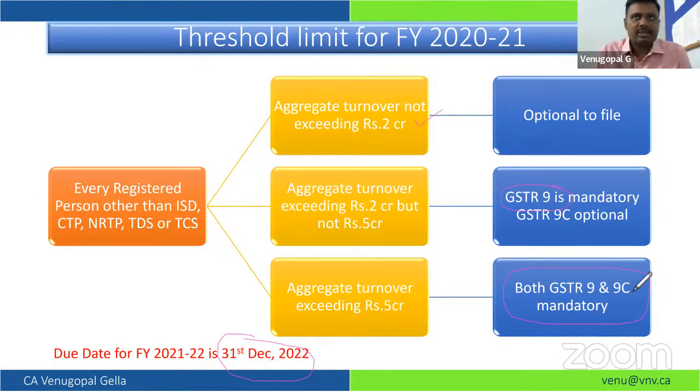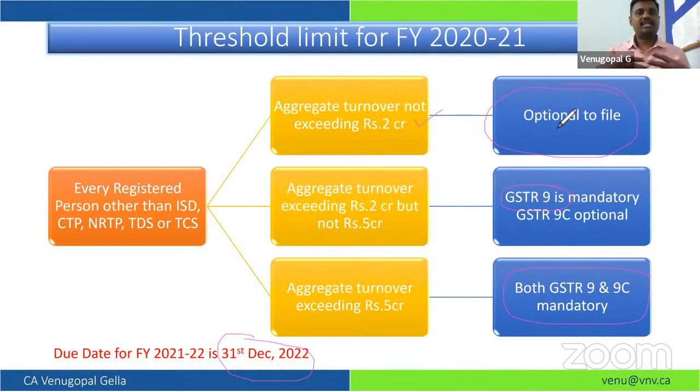A couple of points. GSTR 9 is an annual return. If you do not file it and your turnover is less than 2 crores, it is deemed to be filed. Whatever data is auto-populated by the portal will be deemed as if it is filed. In my personal opinion, even where GSTR 9 is not applicable, please do file your GSTR 9.